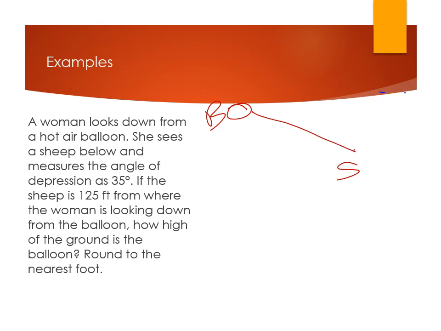And the angle of depression from the balloon to the sheep is 35 degrees. And if the sheep is 125 feet from where the woman is looking down, so the woman's looking down from here, he's 125 feet basically above the ground, and we're looking for this distance.